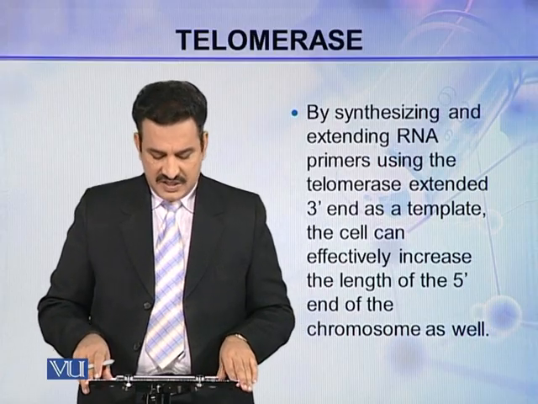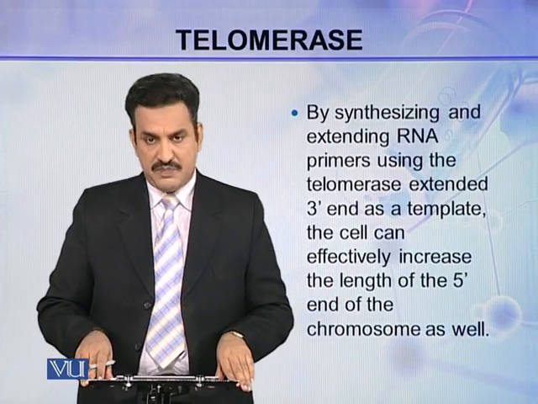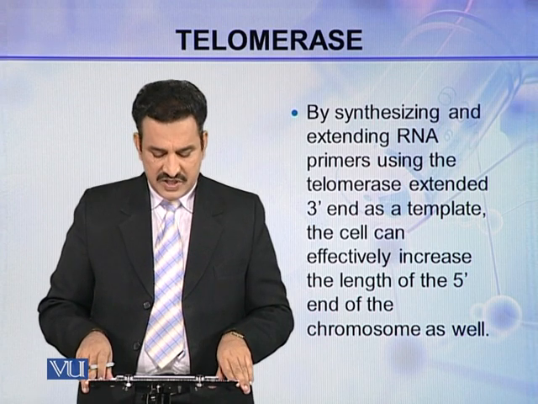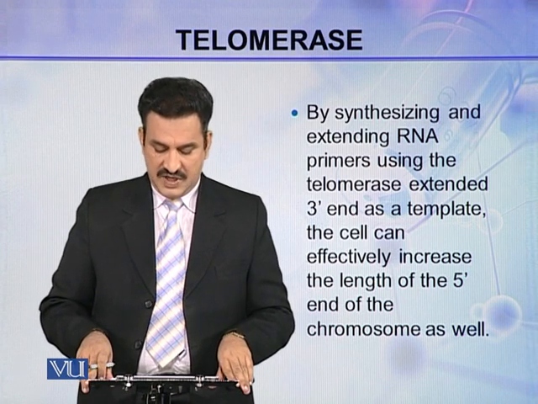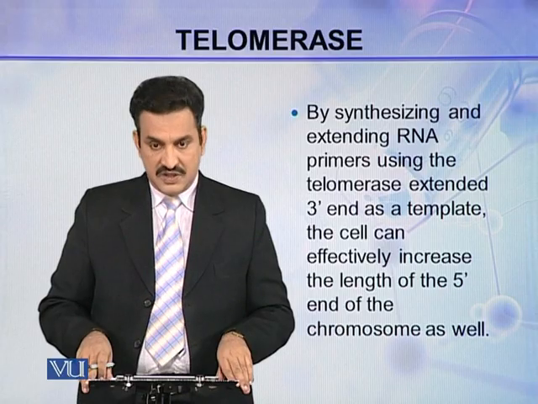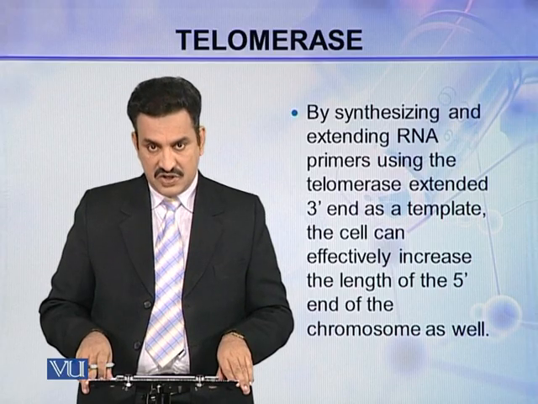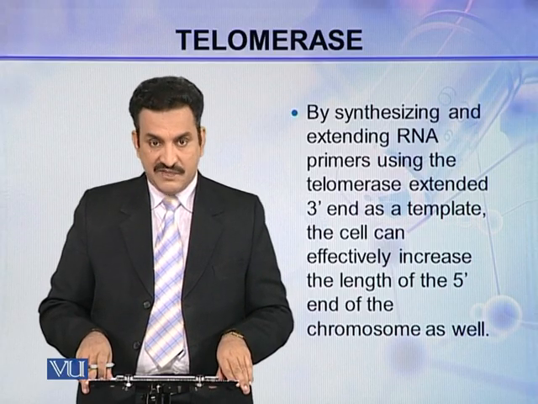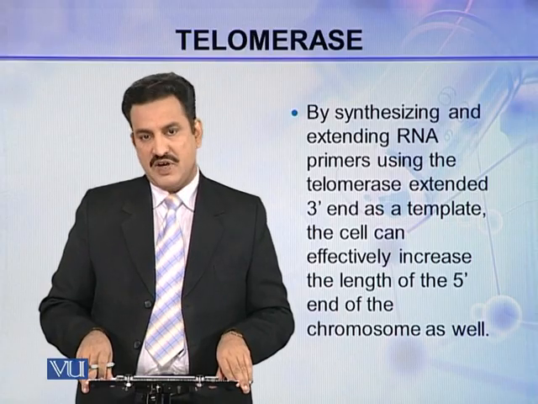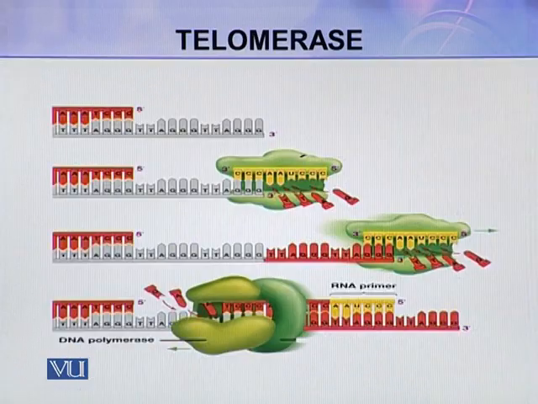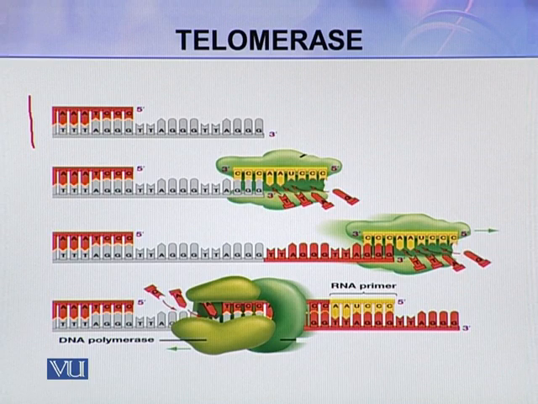By synthesizing and extending RNA primers using the telomerase-extended 3' end as a template, the cell can effectively increase the length of the 5' end of the chromosome as well. Here in this figure you can see the situation at the end of replication. This strand is complete, but this one is incomplete.